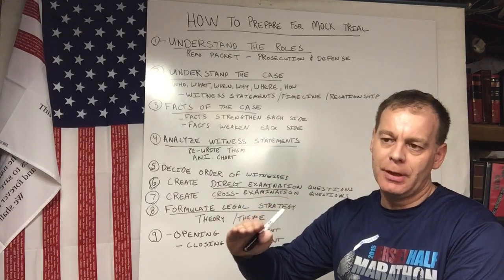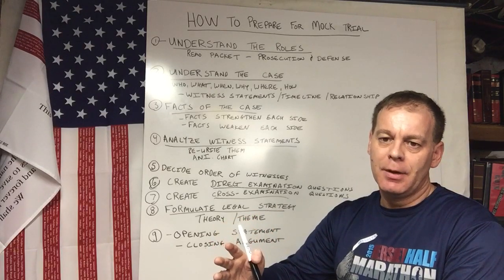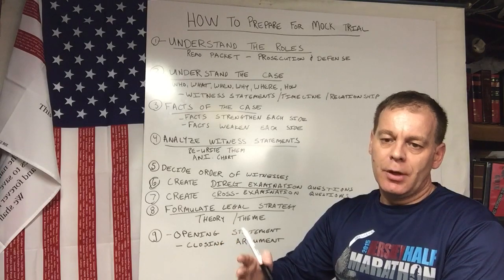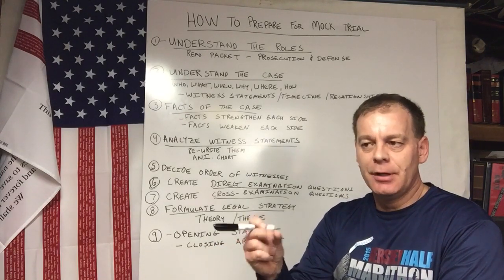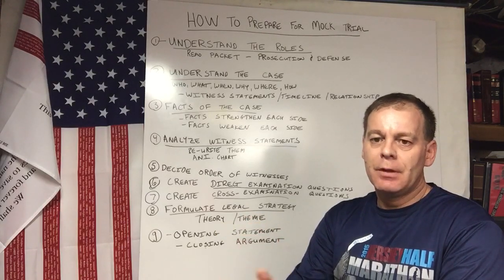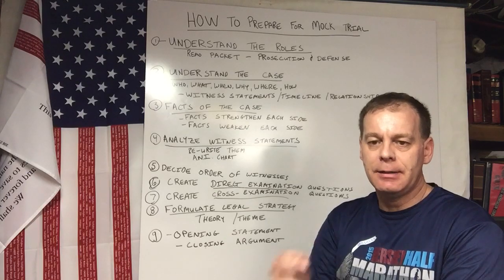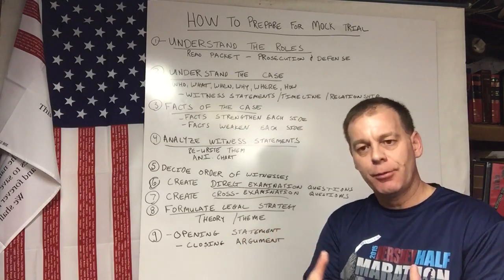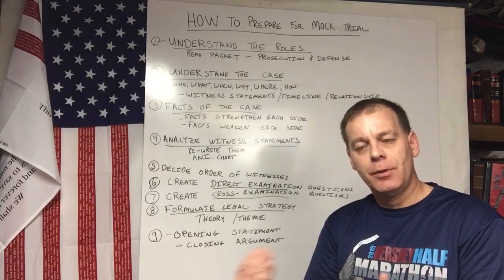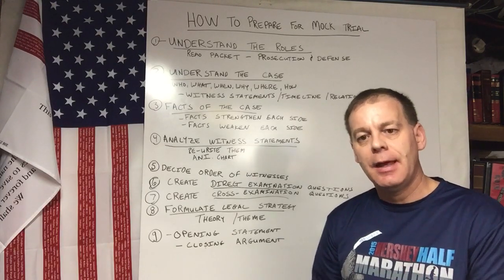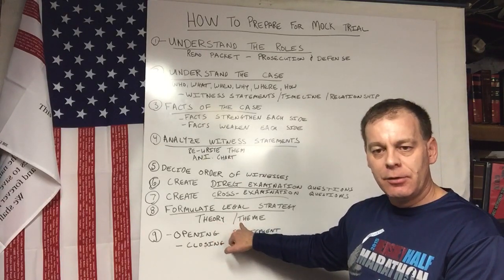Nancy Reagan had a theme when she was against drugs in the 80s: just say no. Constantly, just say no, just say no, just say no. That could be a theme of a case. It's a repetitive idea that you weave throughout your case, attached to your theory, and you're going to begin to formulate this with your classmates. And everything then goes back to what is your theory of the case, and how does that tie into your theme?